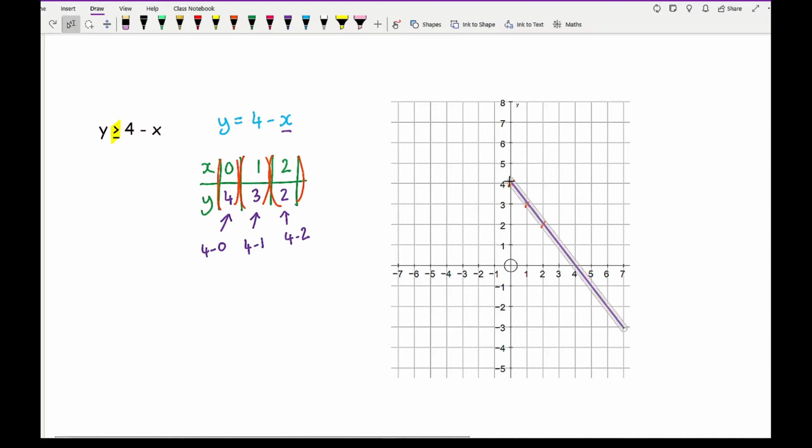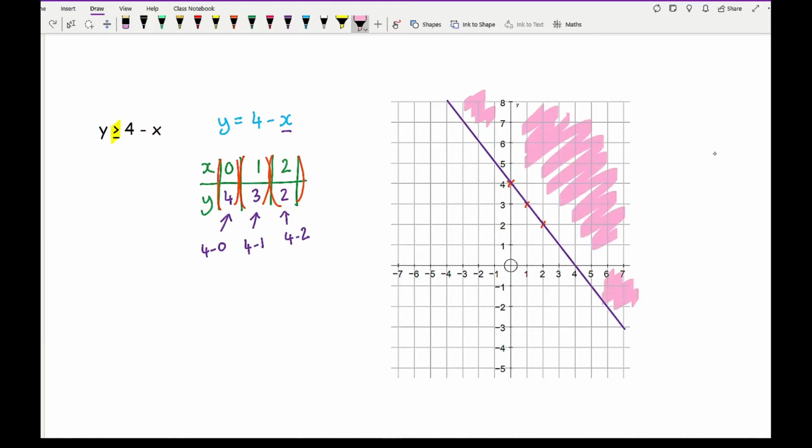We're seeing why I probably opt for drawing this freehand. And there is my final answer. Now all I need to decide is, do I want above the diagonal line or below the diagonal line? Because this is greater, I want above the diagonal line. So this is the region that I want.